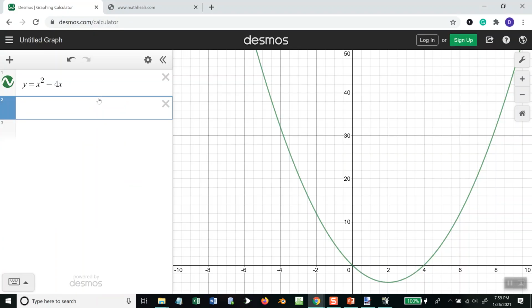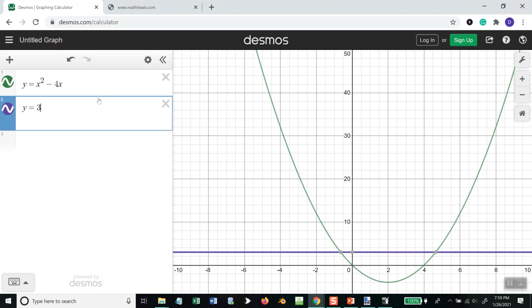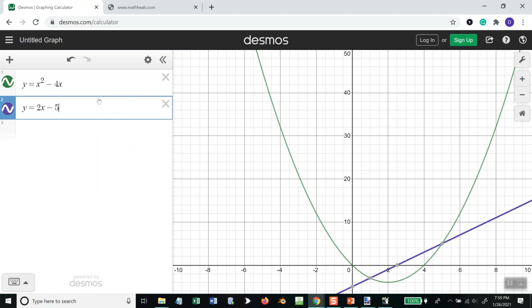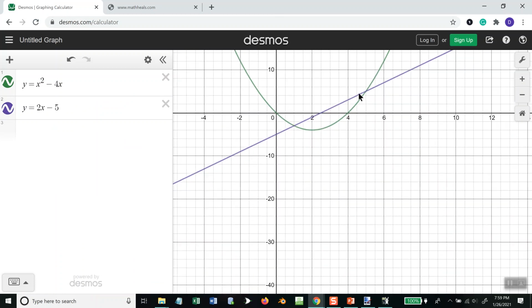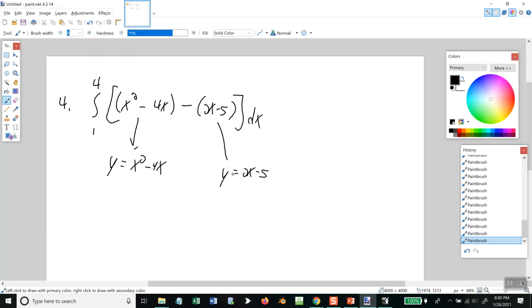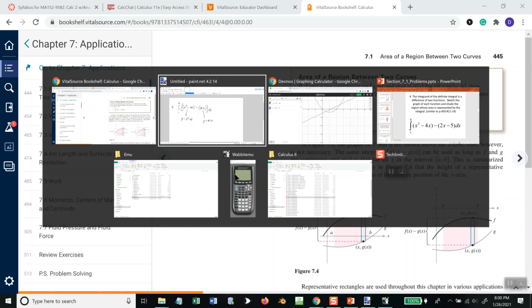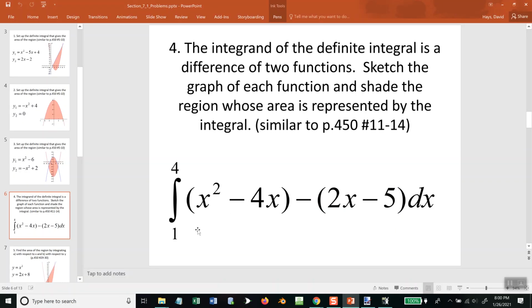Y equals 2x minus 5. Yeah, it's this area right in here, looks like. Assuming it's going from 1 to 5. One to 4. My eyes off.